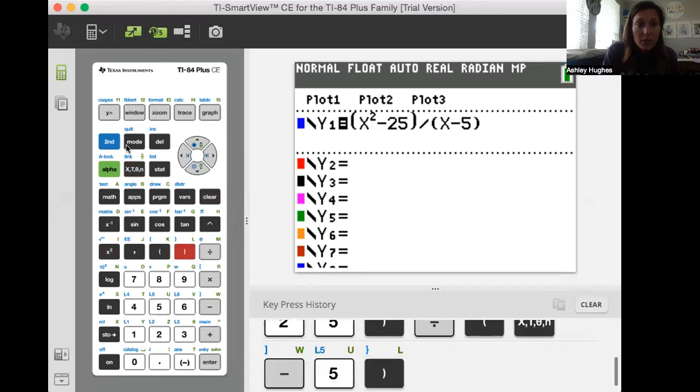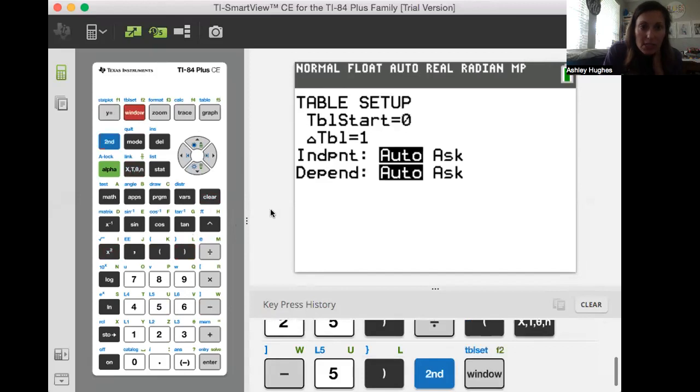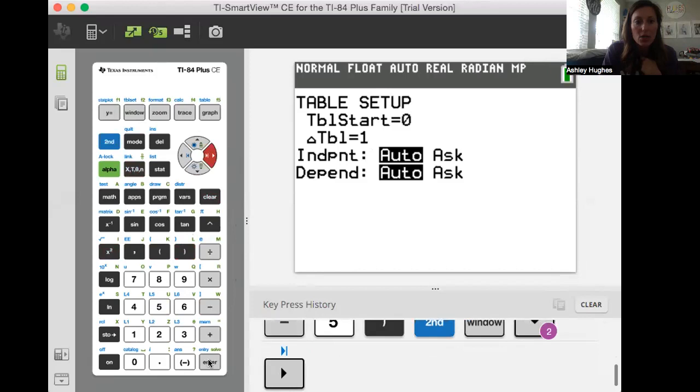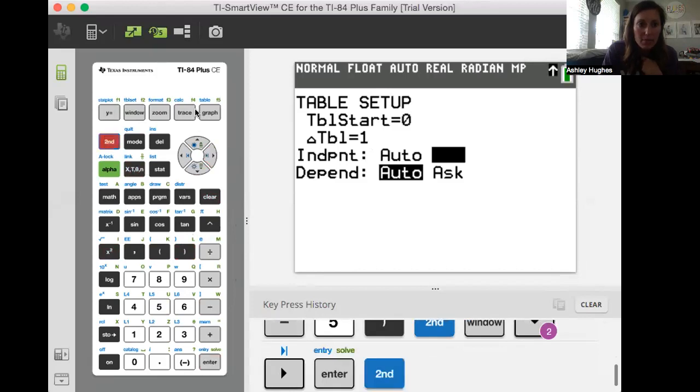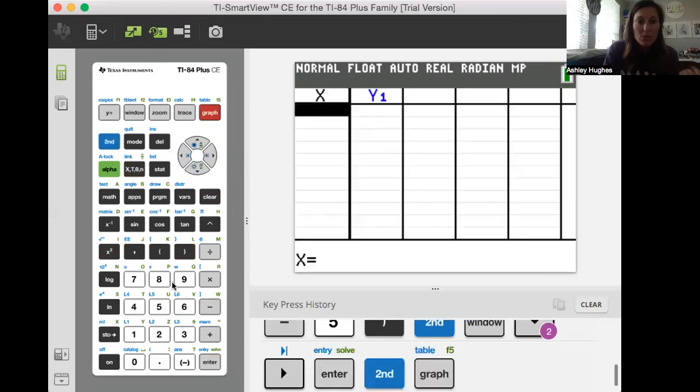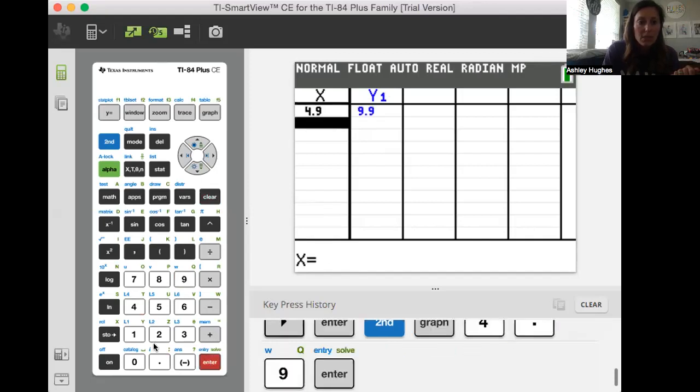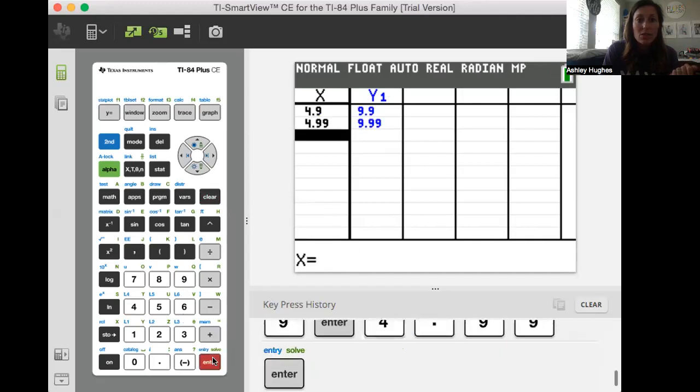Then we're going to turn our table where you can tell it what to do. So you do second and window, which is table set, and I'm going to change the independent variable, which is x, to ask. Then when I come back to the table, it's going to be blank, which means I can plug in things. So I can say 4.9, I can say 4.99. So something getting closer to 5. What if I get even closer to 5?